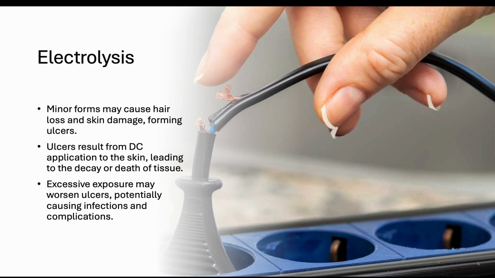With prolonged exposure to this current, it could form ulcers when applied to the skin, and this can cause decay or tissue damage. With excessive exposure, this could worsen the ulcers, and potentially cause infections and complications to the individual.